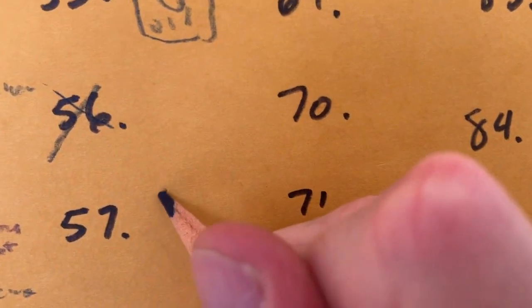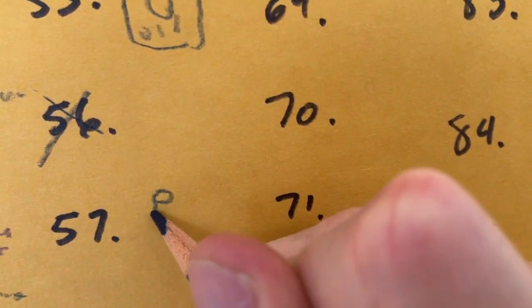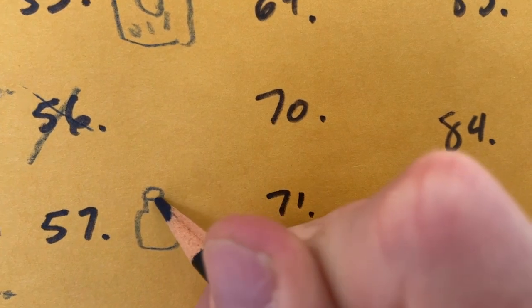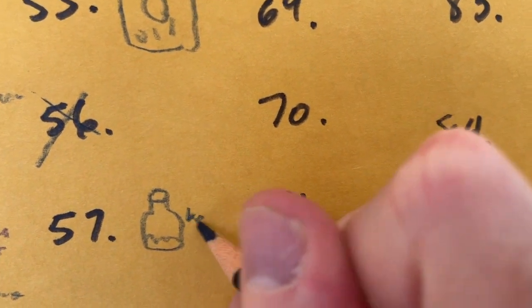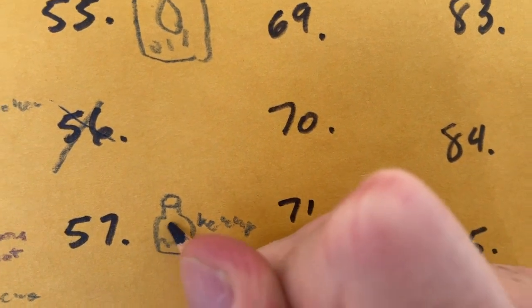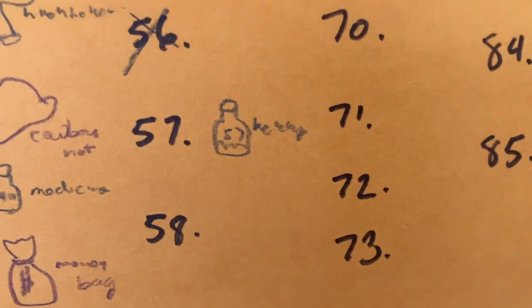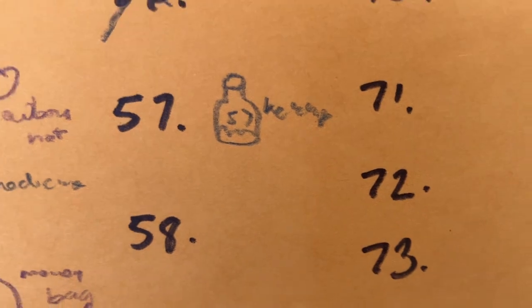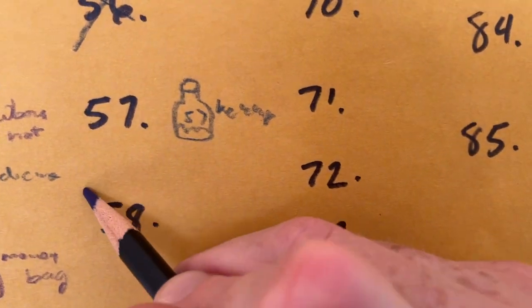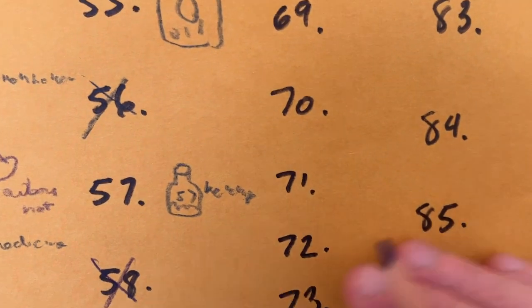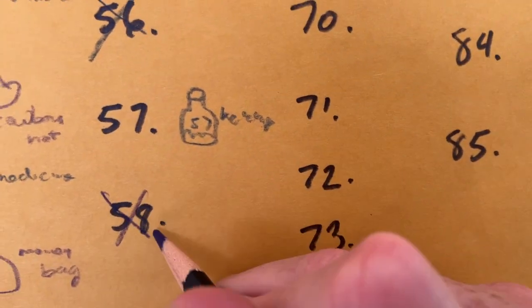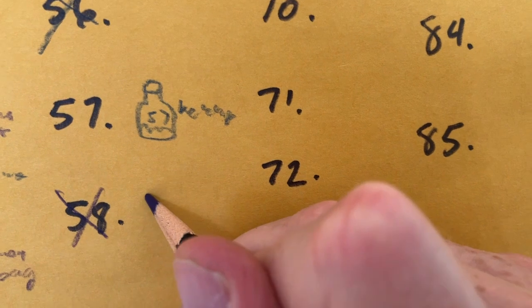57, I put ketchup for Heinz 57. 58, what do I do for 58? I'm not going to do too well with this one either. A lot of these I forget. Sometimes when I have trouble, like I don't know 58, I'm just going to add two together.